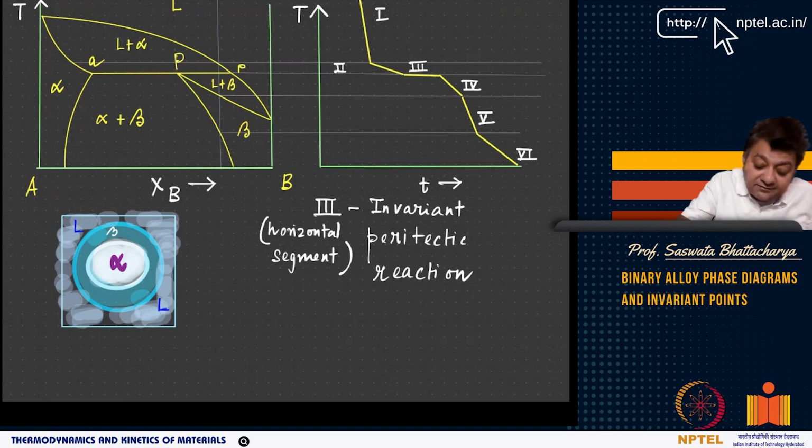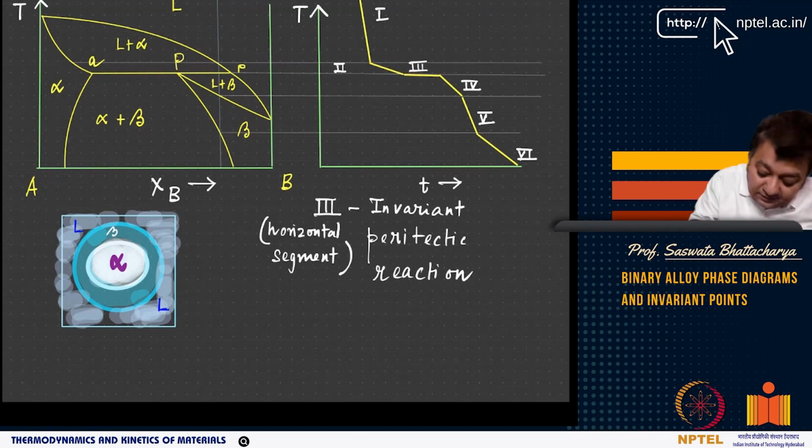Now, if you look at a cooling curve corresponding to this composition, you can see that up to this composition, you have pure liquid. But as soon as you enter this segment, you have liquid plus alpha. Here, the composition is varying.